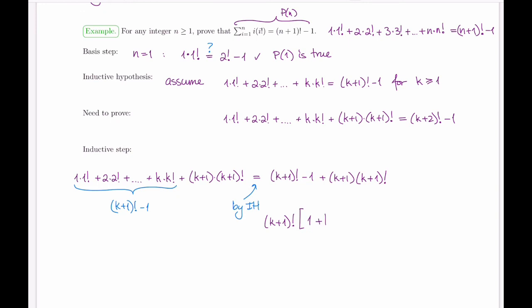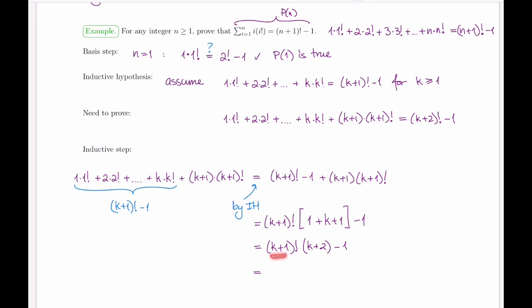So plus k plus 1. And I better not forget this negative 1 on the outside that I haven't actually done anything with. Okay, so what do we have? K plus 1 factorial. And of course, what I have in this bracket is k plus 1, so k plus 2, minus 1.